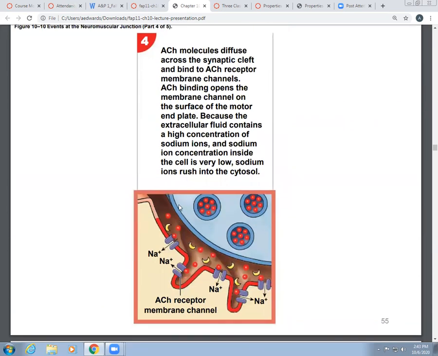Those neurotransmitters are going to attach to those chemically gated sodium channels, and that's going to make sodium enter the muscle cell, okay, due to essentially facilitated diffusion, right? So it's forming essentially a protein channel.